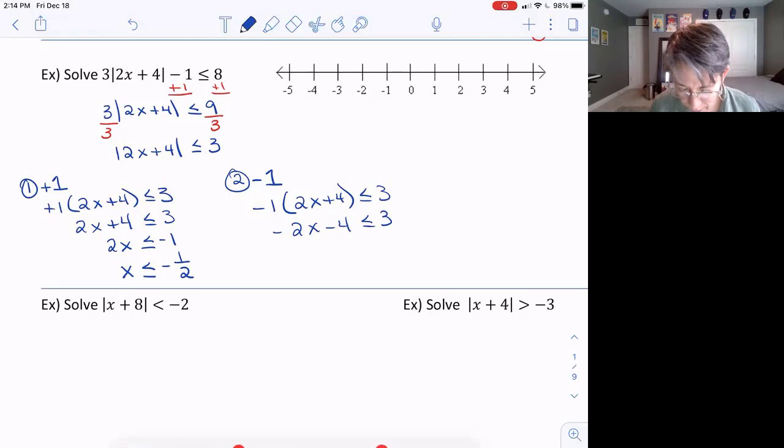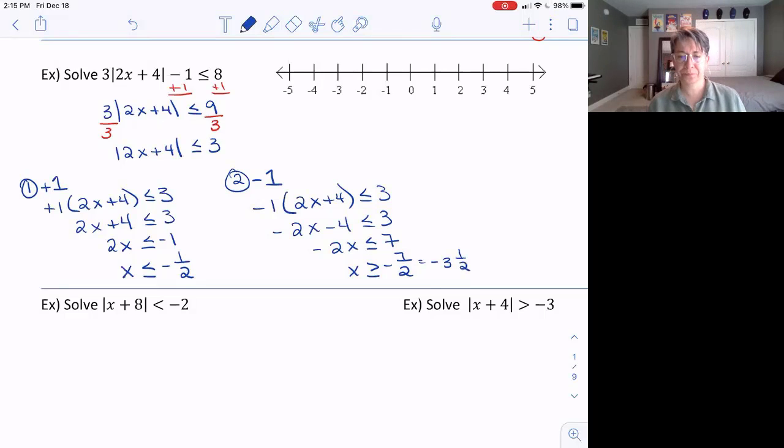Add 4 to both sides, we get -2x less than or equal to 7. Now when we divide by the -2, our inequality is going to change. And so we get x is greater than or equal to -7/2, which if we're going to graph that, gives us -3.5, kind of gives us an idea of where it is.